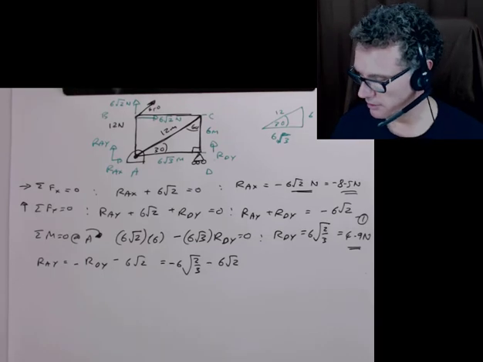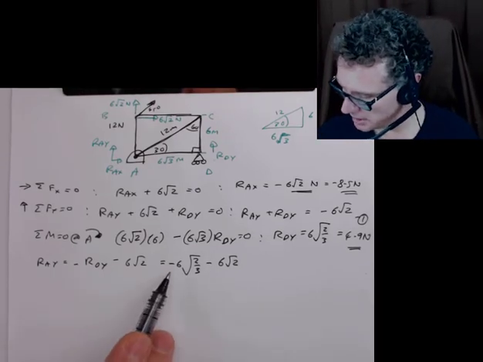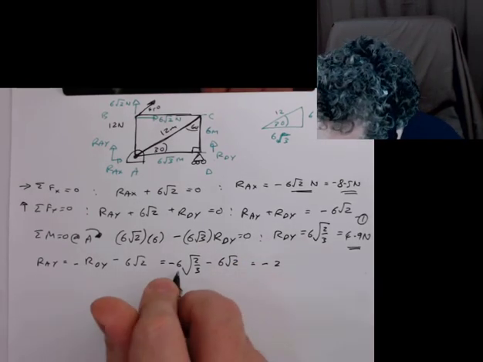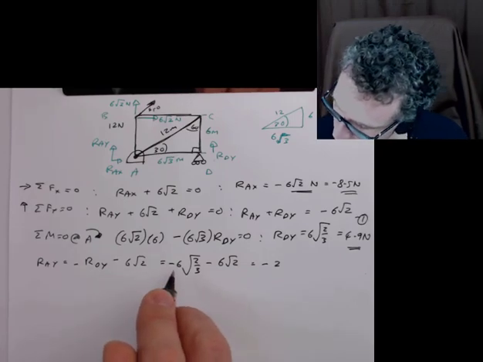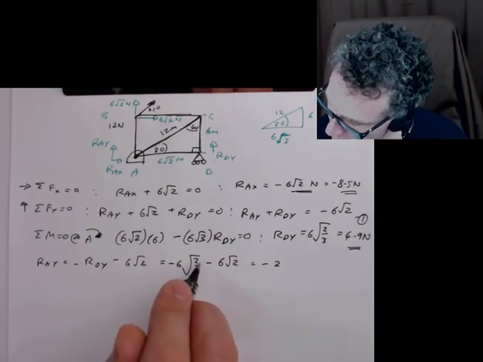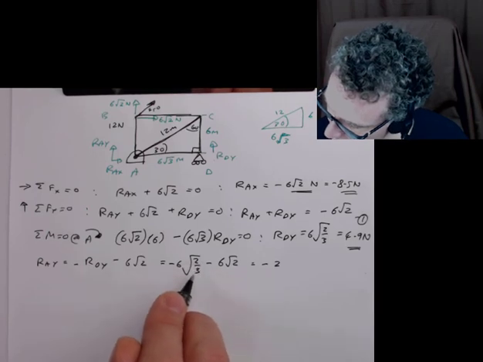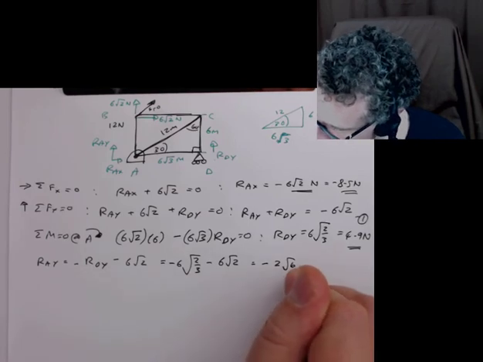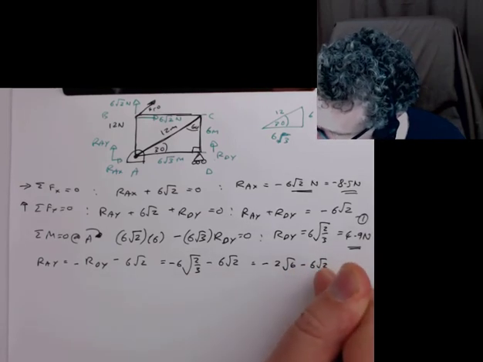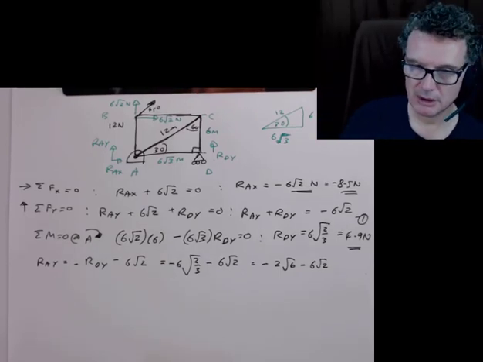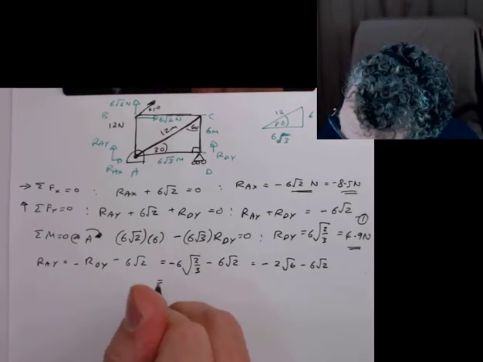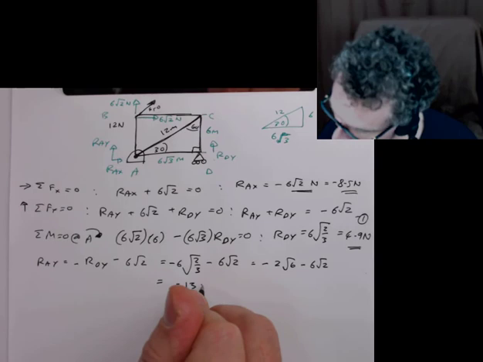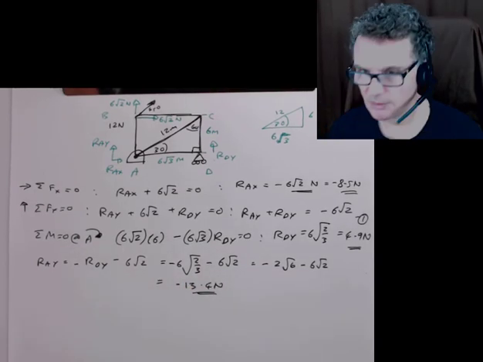I don't like the root 3 on the bottom, so I will take that out. That gives me minus 2, and 6 I'm going to split up as 2 times 3. Bring the 3 in here, so it becomes 3 squared. Cancel 1 with the 1 at the bottom, and that ends up with minus 2 root 6 minus 6 root 2. Oh, that's kind of pretty. Put that all in your calculator and get a real engineering solution, and that gives us minus 13.4 newtons.